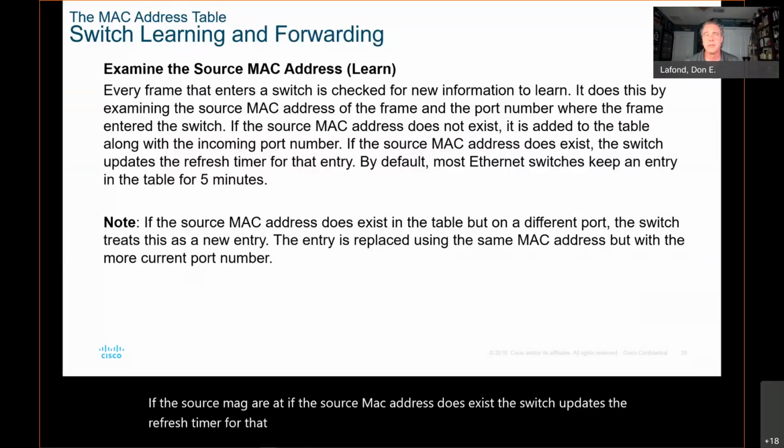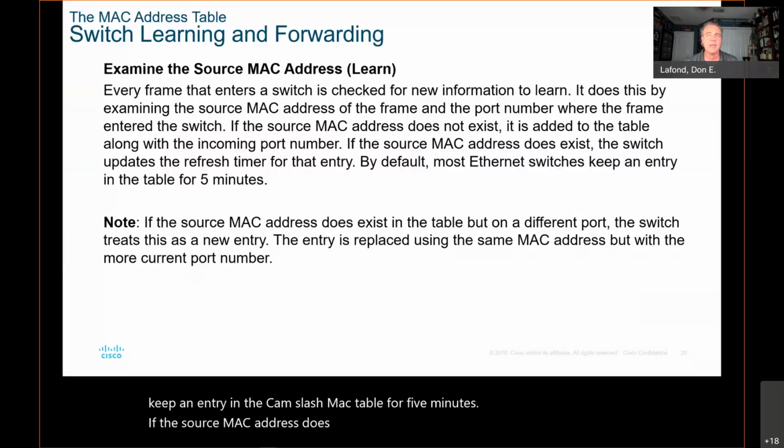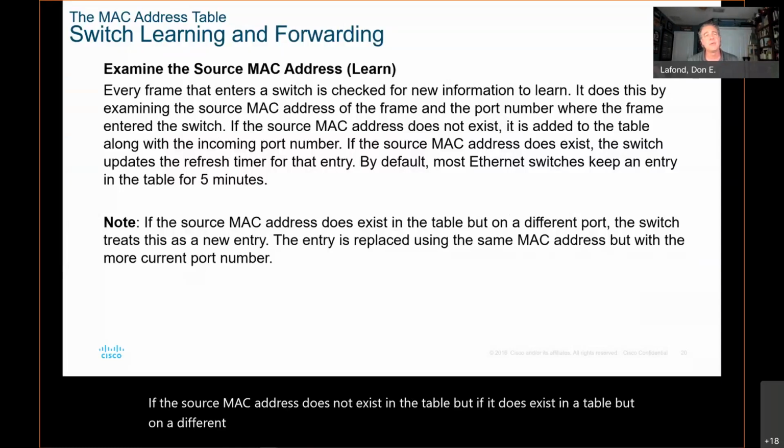Although it is variable, by default, most Ethernet switches keep an entry in the CAM/MAC table for 5 minutes. If the source MAC address does exist in the table but on a different port, the switch treats it as a new entry.